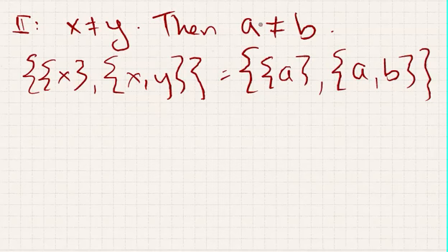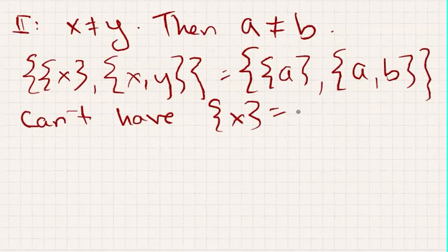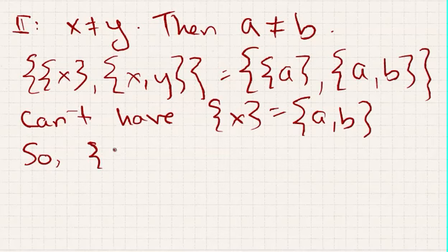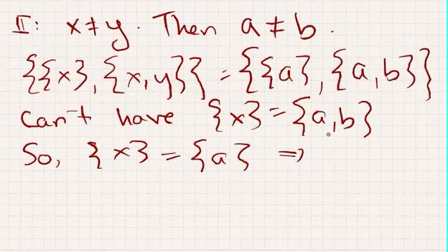But because a is not equal to b, we can't have this equality because this has one element and this has two elements. Or if they were equal, then a would be equal to x and would be equal to b. So a would be equal to b. So we have to have the set containing x is equal to the set containing a, which implies that x is equal to a.